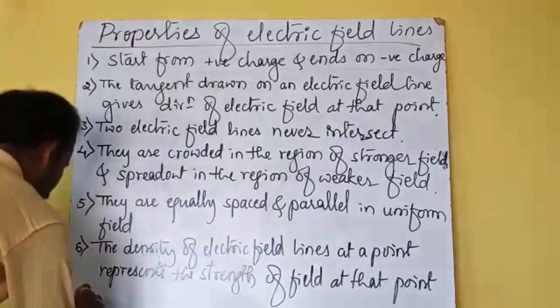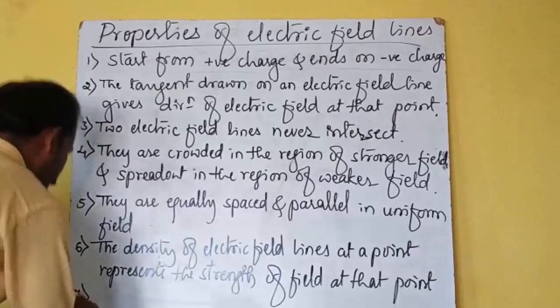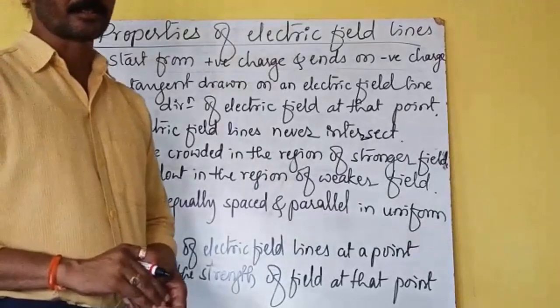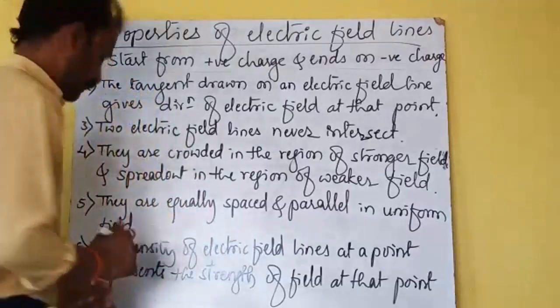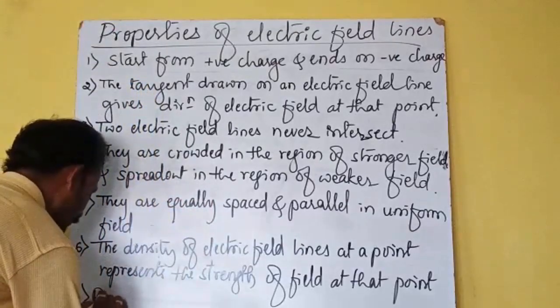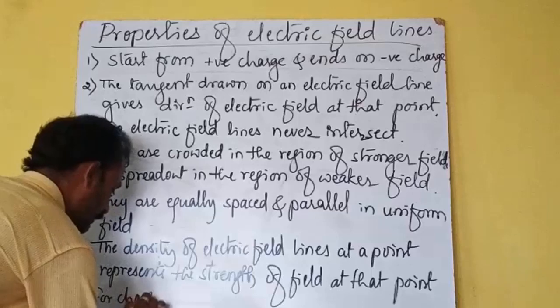Next, seventh one, for a charged conductor, the electric field lines are always normal to the conductor.